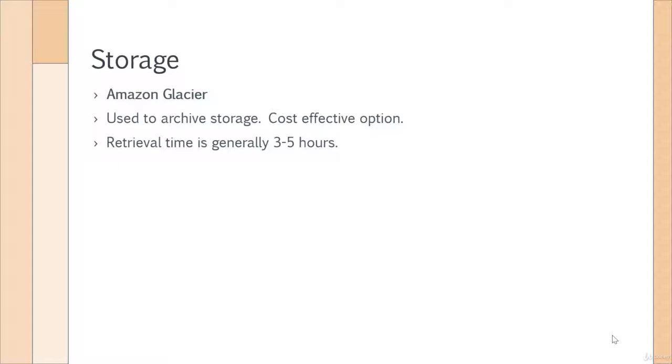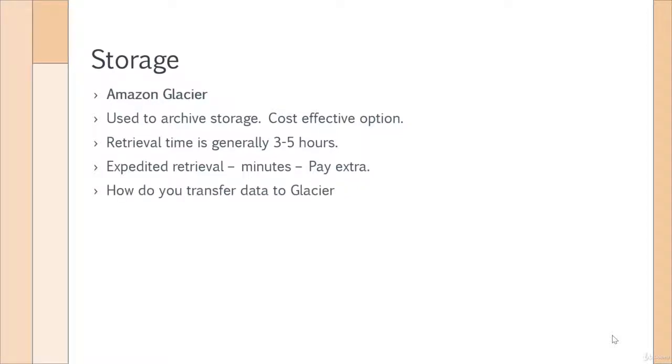But in case you want to retrieve objects even faster, there are 2 ways. First, there's something known as expedited retrieval in Amazon Glacier. Here you can actually get the objects back in a matter of minutes, but you have to pay extra.